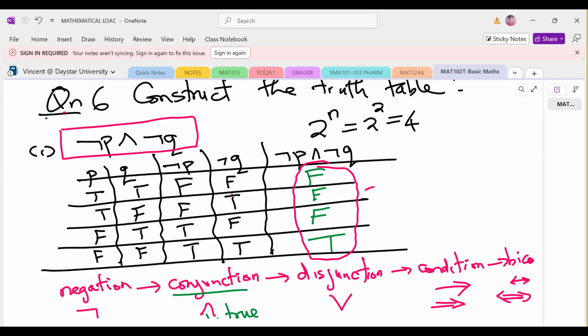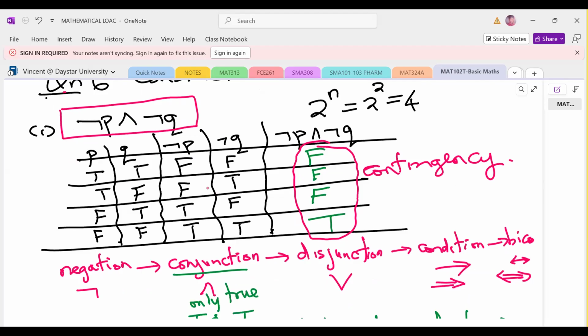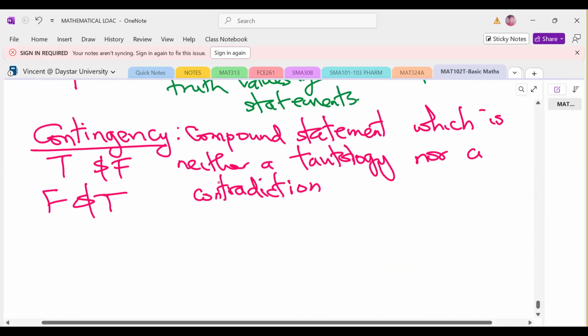Contingency, because now there's a mixture of F and T, okay? So these are contingency. That's what that statement gives us.